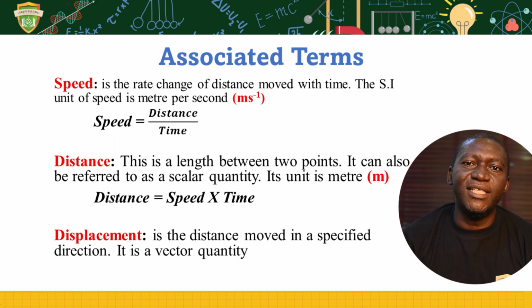So the difference between distance and displacement is that distance is a scalar quantity while displacement is a vector quantity. Now, both of them can be measured in meters. For instance, if we talk about 5 kilometers northeast, that is displacement, while 5 kilometers is distance. So that is the difference between distance and displacement.